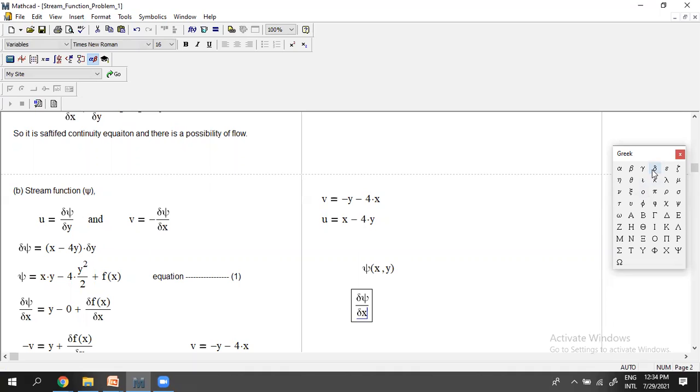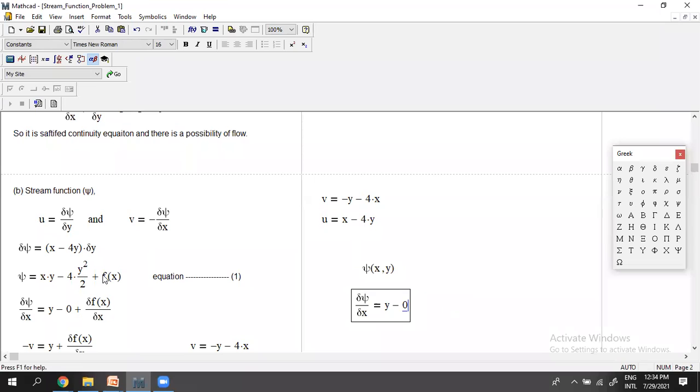What will be that value? Del psi by del x equal to, you see, it will be only y, right? So y. And we are taking the derivative with respect to x, and there is no x in this term, so this term will be 0. So right over here it will be minus 0.